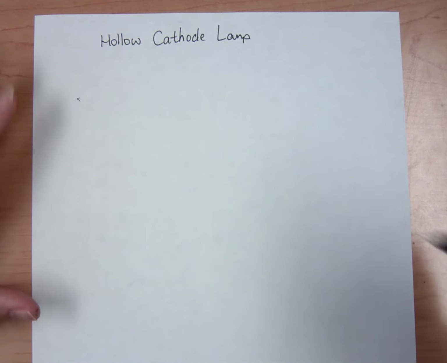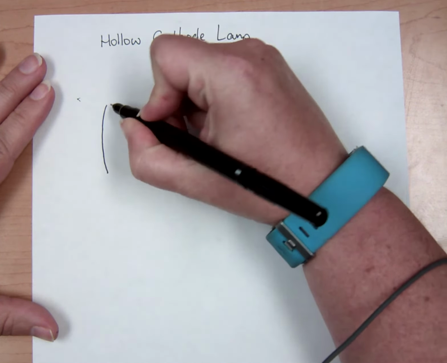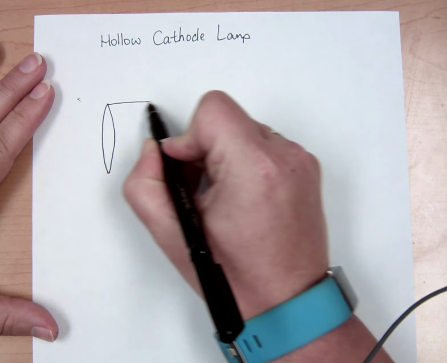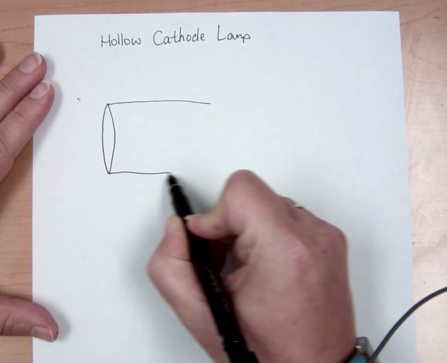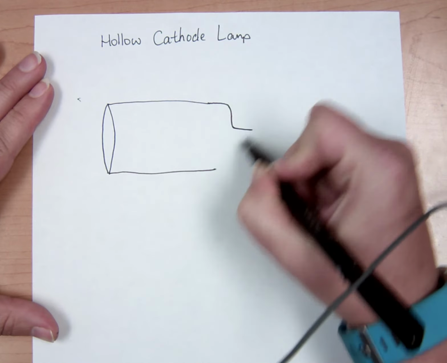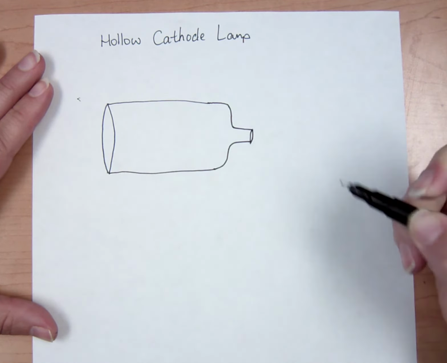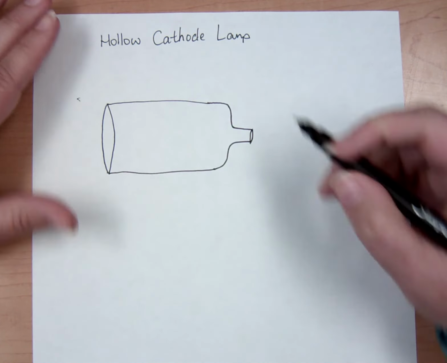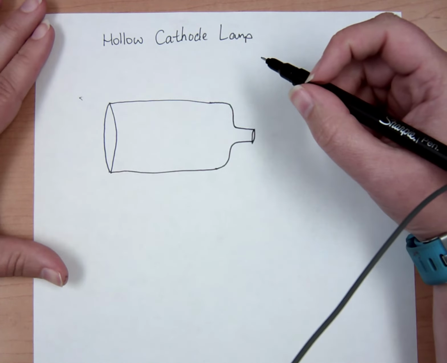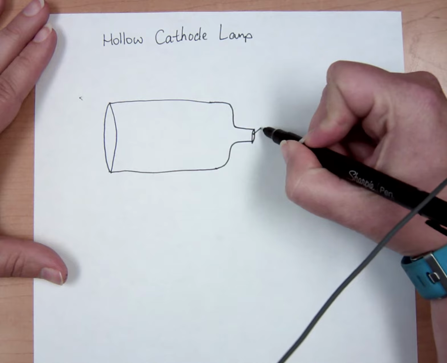Okay, so here's what a hollow cathode lamp looks like. We've got a hollow center here, and this is all sealed, and I'm just going to draw this like this. It looks kind of like a bottle on its side. What we have in this bottle is a quartz window.